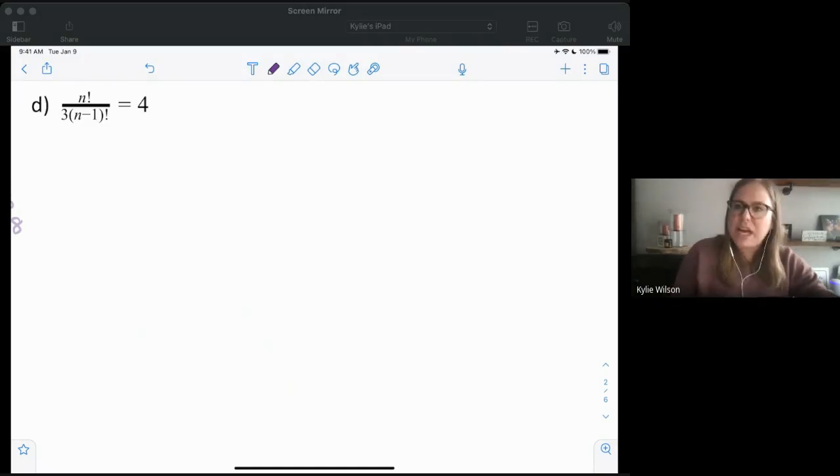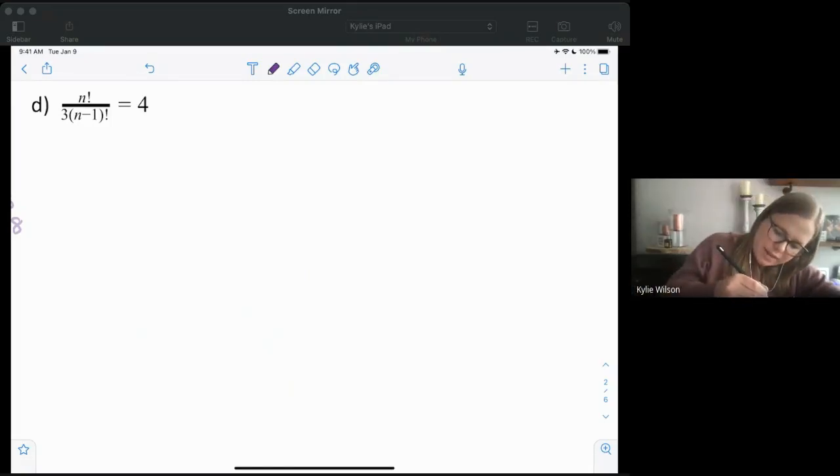To do that, we're just going to look at n and n minus 1 and determine which one is larger, because we always expand the larger one. n will be bigger than n minus 1, so we'll expand that.